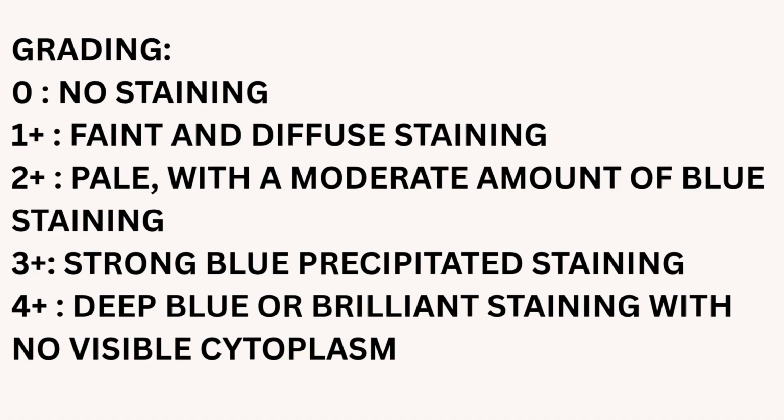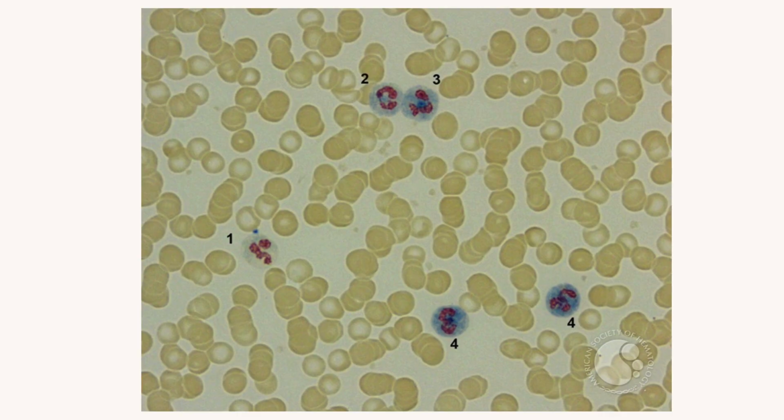So the grading: 0 if no staining, 1 plus faint and diffuse staining, 2 plus if pale with a moderate amount of blue staining, 3 plus if strong blue precipitated staining, and 4 plus if there is deep blue or brilliant staining with no visible cytoplasm. So again, let's view the picture. The score there is beside the cell.